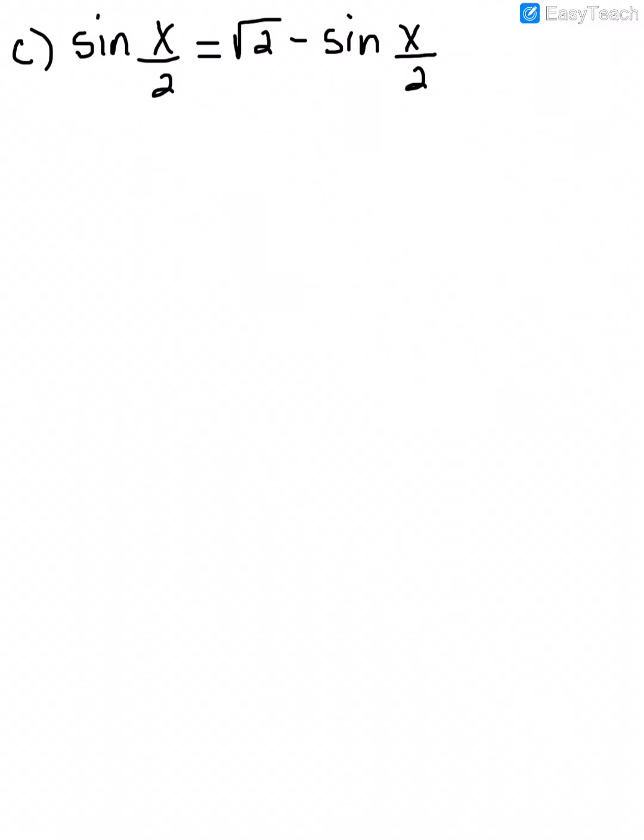All right, let's look at this equation. If you'll notice, we have a sine of x over 2 on both sides. So we have the same trig value on both sides. Let's combine those. I'm going to add sine of x over 2 to both sides of the equation.